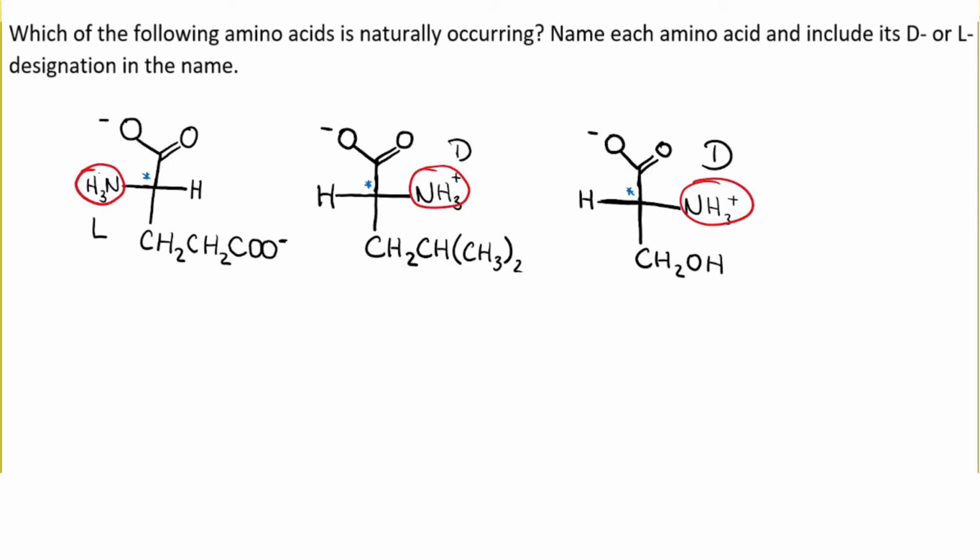But the key is to be able to identify these amino acids in many different styles of drawings. Looking at this first one, I'm looking at the R group, which is here, R group here, and R group here. This first one is going to be glutamate.